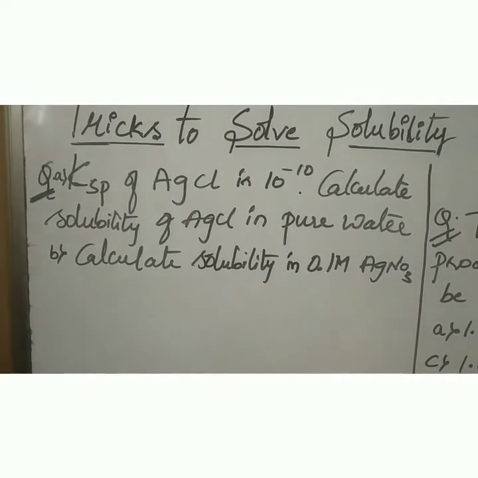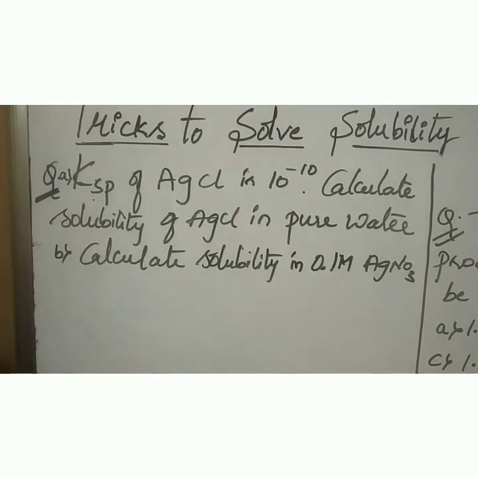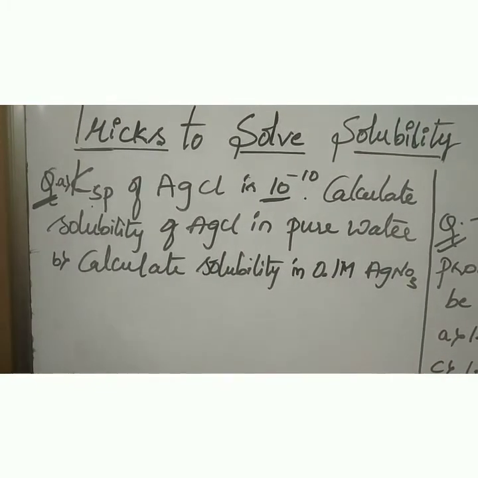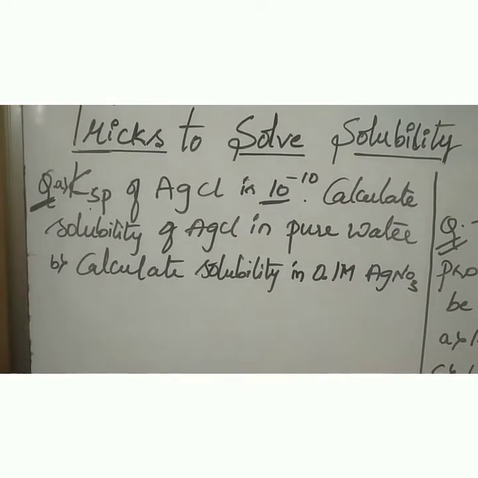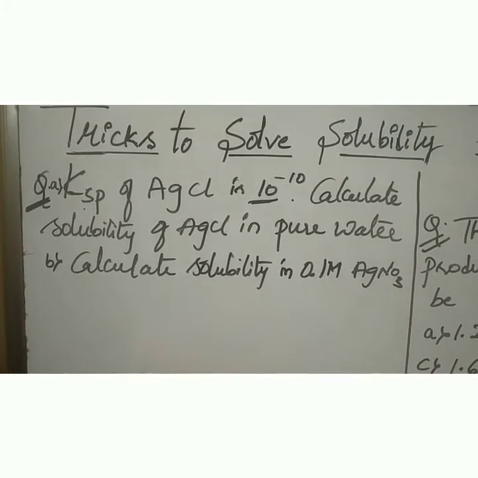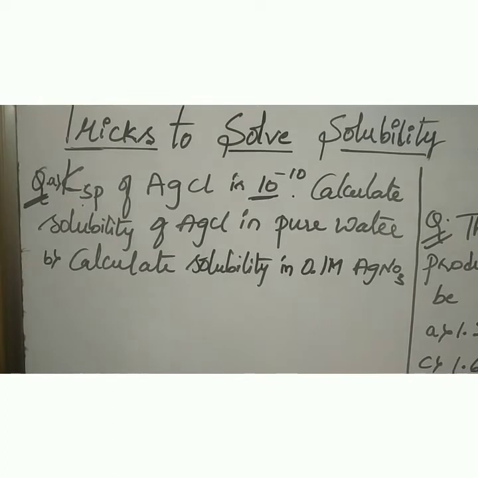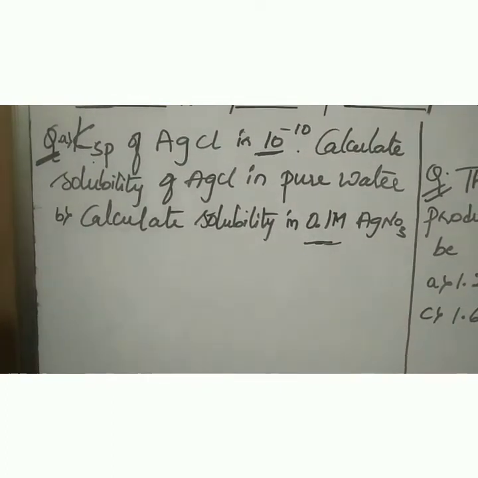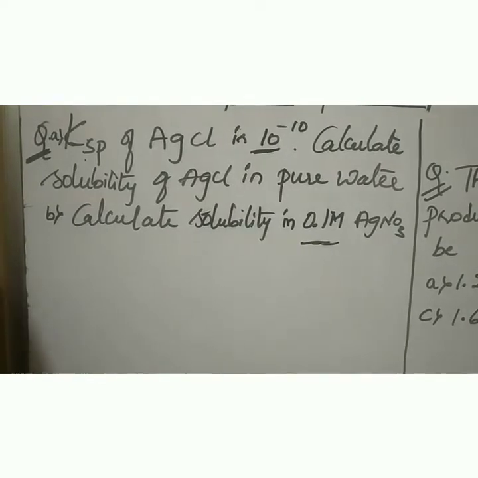See this question: the solubility product of AgCl is 10 raised to minus 10. Calculate the solubility of AgCl in pure water (A). B is to calculate the solubility in 0.1 M AgNO3. For AgCl, 0.1 M of AgNO3 is added to the solution.